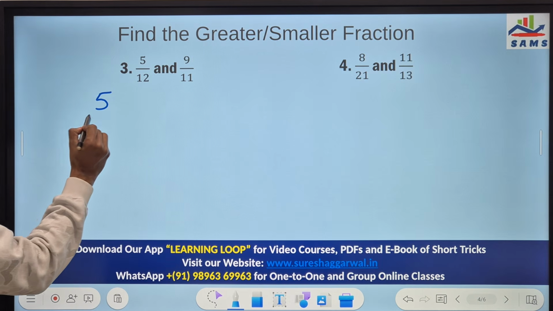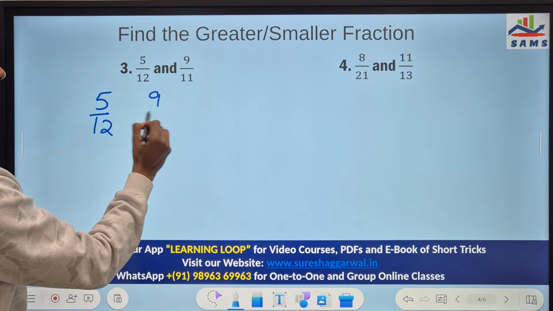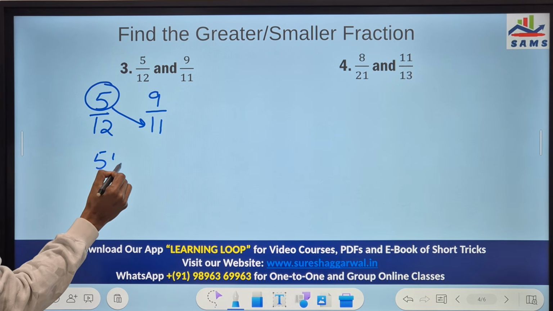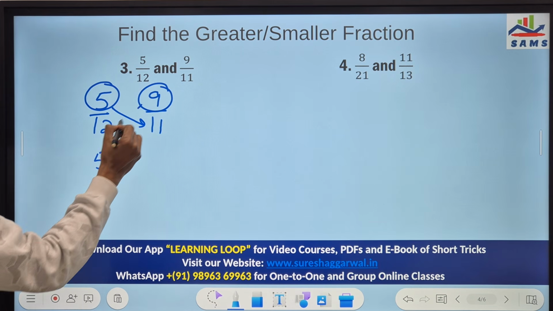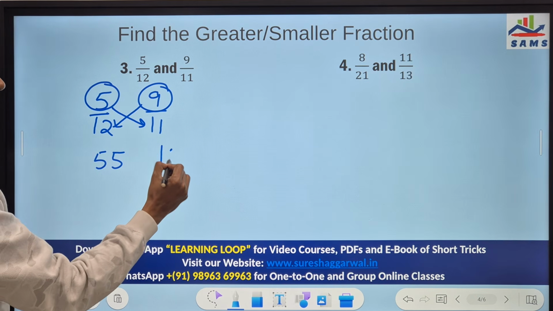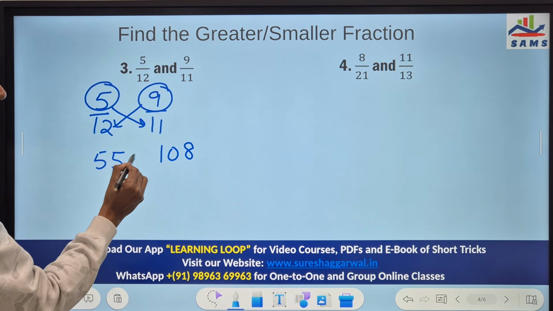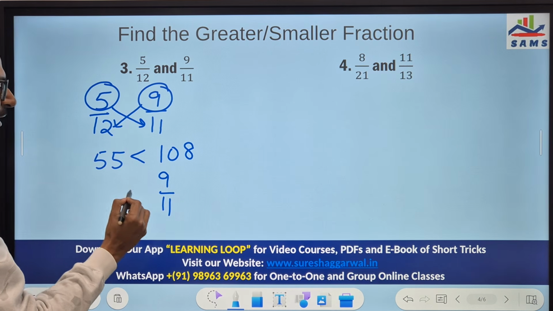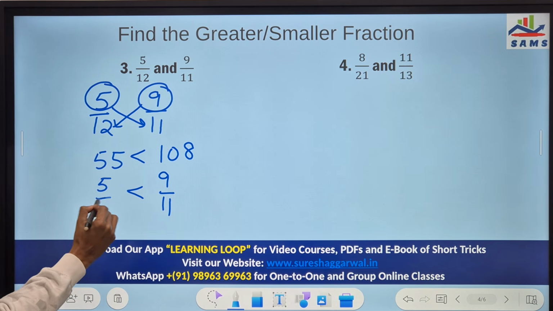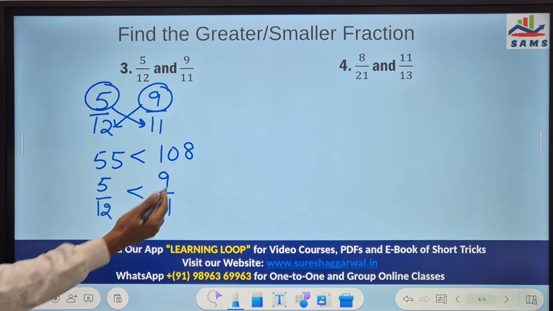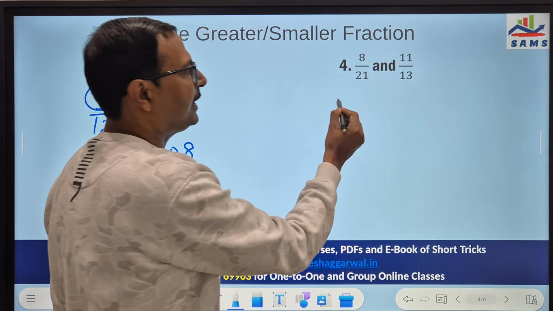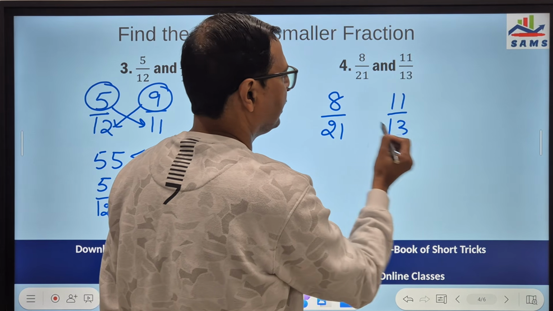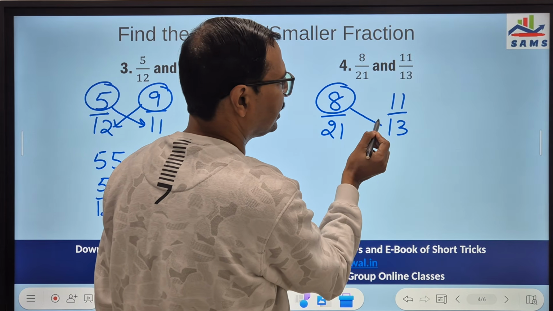Let's have more questions. 5 by 12 and 9 by 11. So 5 times 11 is 55, 9 times 12, 12 nines are 108. So 108 is greater and therefore 9 by 11 is greater than 5 by 12, or 5 by 12 is smaller than 9 by 11. 8 by 21 and 11 by 13. 8 times 13.